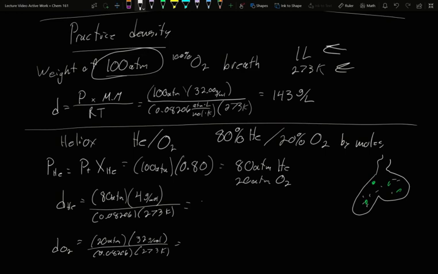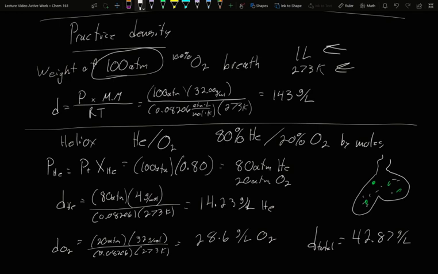This will give us a density of 14.23 grams per liter for our helium, and for our dioxygen, 28.6 grams per liter. Our total density is going to be the sum of the two, 42.87 grams per liter.